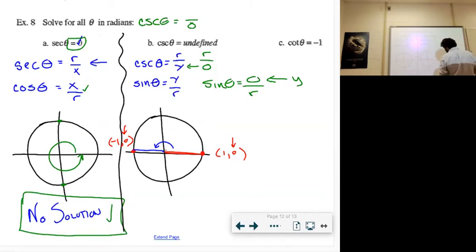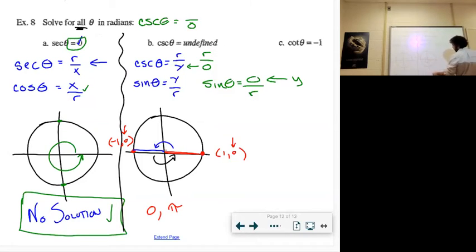At this point, I can start listing my angles. My first angle is 0 radians, and then I have another angle over at pi radians. Since we're finding it for all values of theta, every half a rotation around the circle, I'm back at one of those coterminal angles that satisfies this.